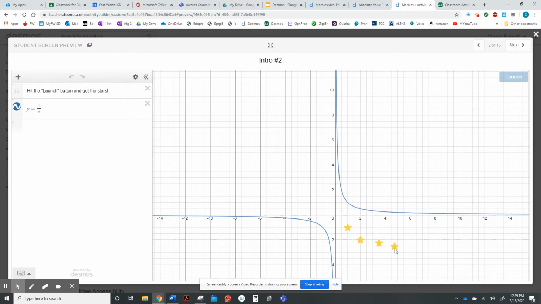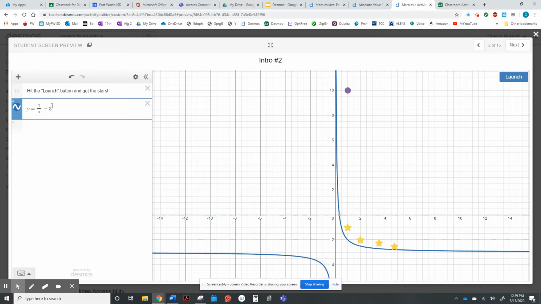And so what they're responsible for doing is going over here and moving this graph. Let's see if we move it down 3. If we move it down 3, then when we launch the marbles, now we have success.